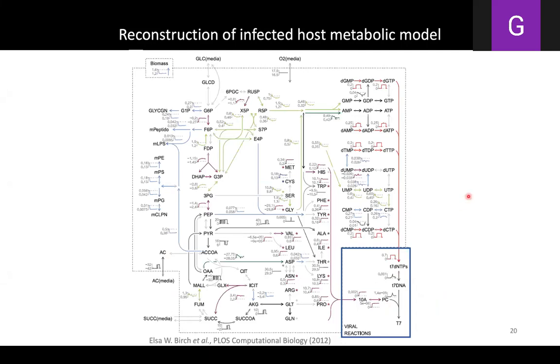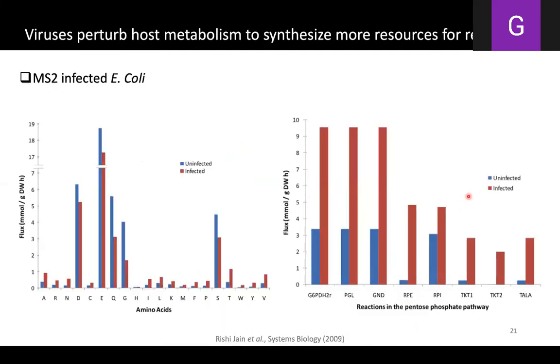For example, metabolic modeling was used to study an MS2 infected E. coli system. Basically, MS2 is a single-stranded RNA virus that can infect E. coli.